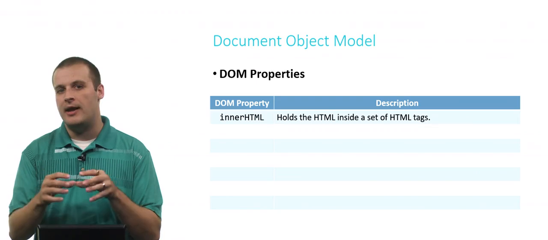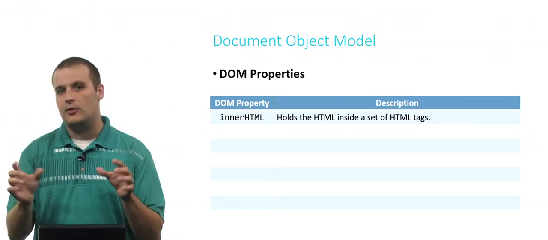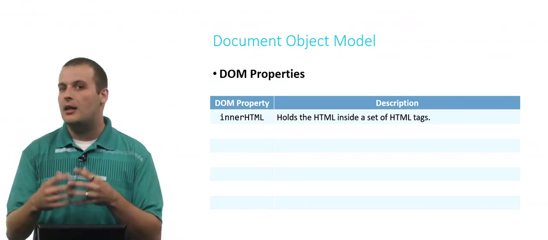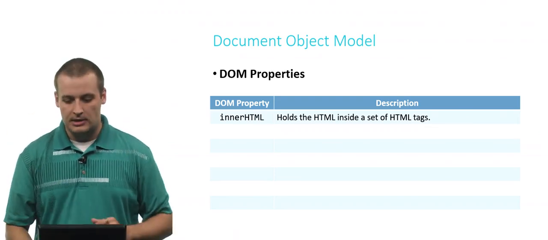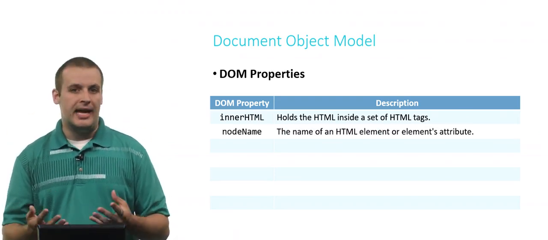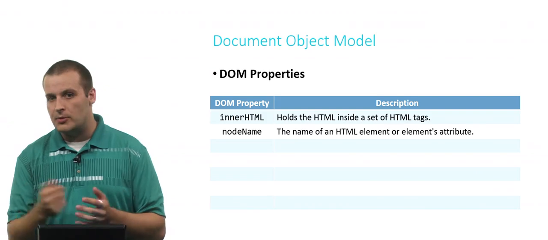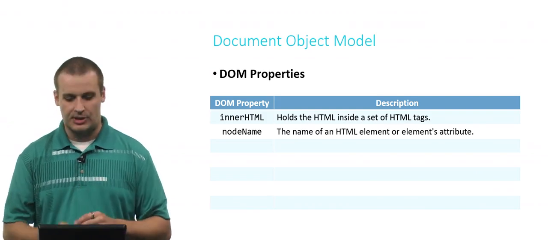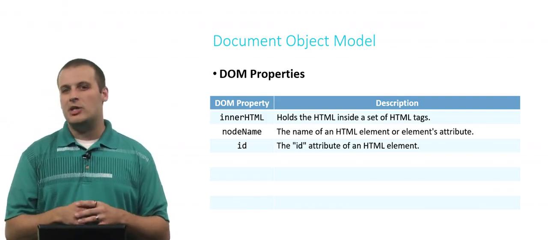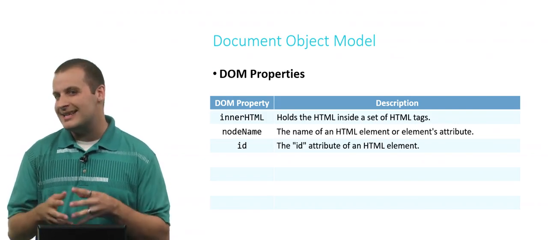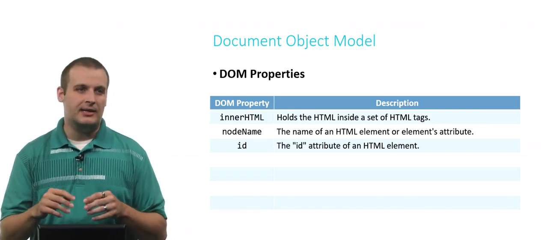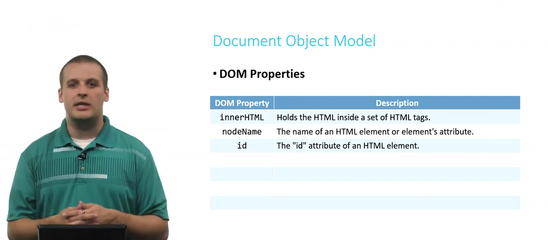That's the innerHTML of the title tag, or the title node, or the title object within the overall document object. nodeName, similarly, would just be title for the node we were just describing. ID, you may recall from our video on HTML and CSS that we can specify an optional ID attribute to certain HTML elements.